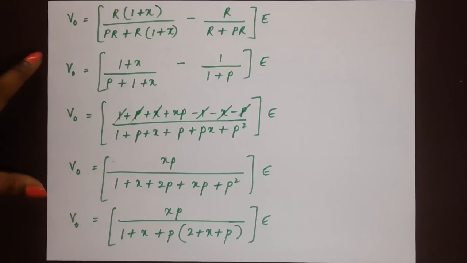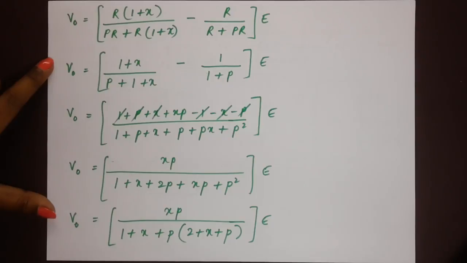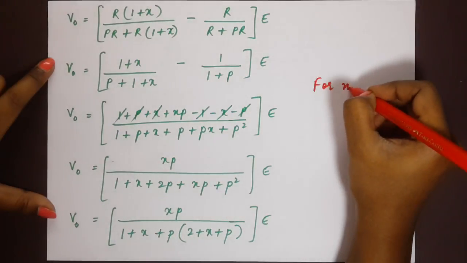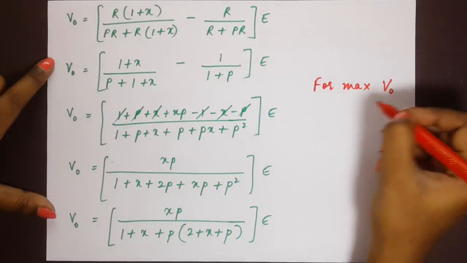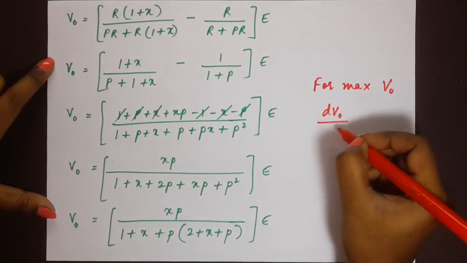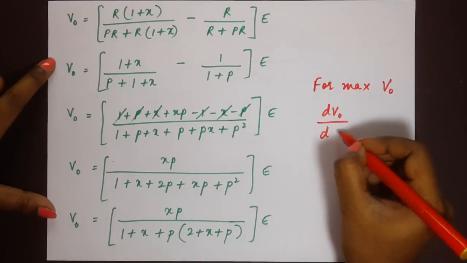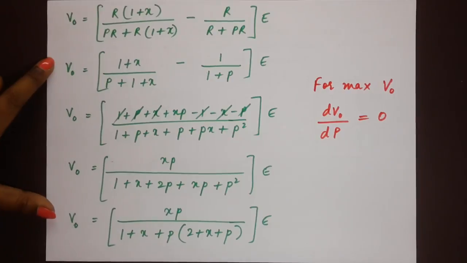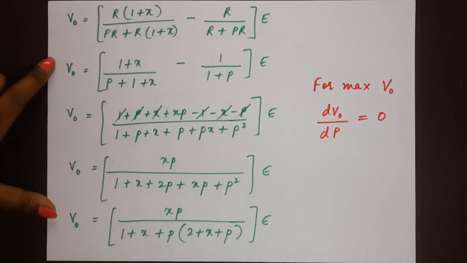In order to find the maximum value of V0, you must always think about differentiation. So for maximum of V0, dV0 differentiation with respect to P should be equal to 0. So let's do that now in the next step.